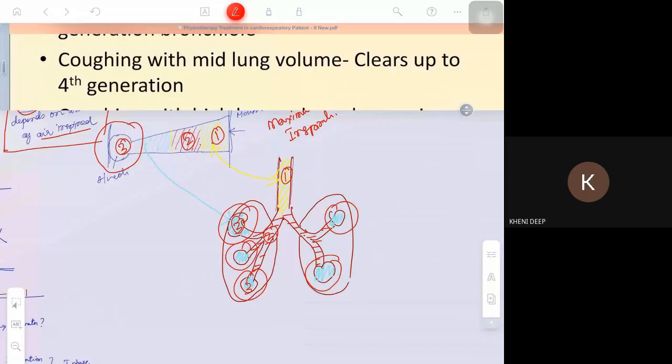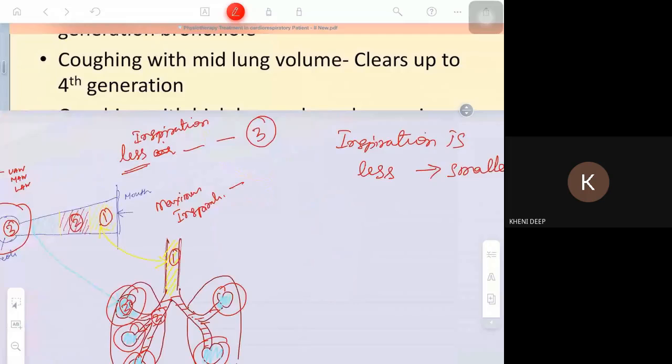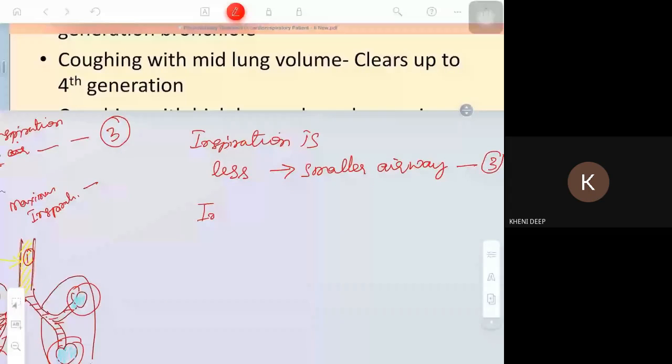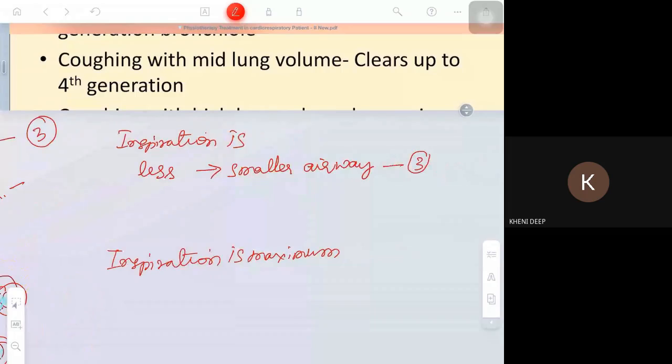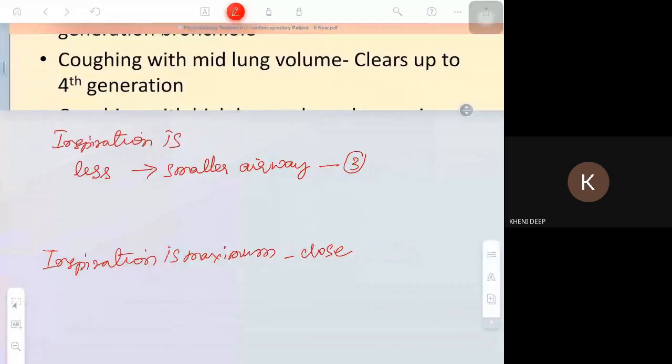Clear? If the inspiration is maximum, that is before coughing at the first phase, if you take deep inspiration, maximum to your level, and then close your glottis, and then you give compression.